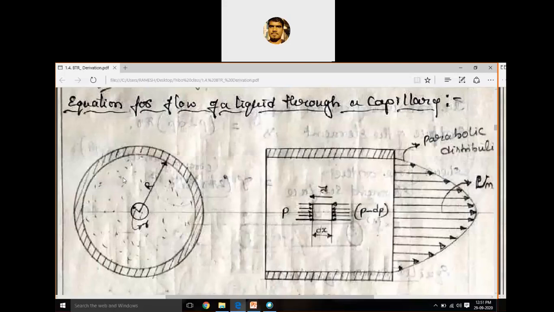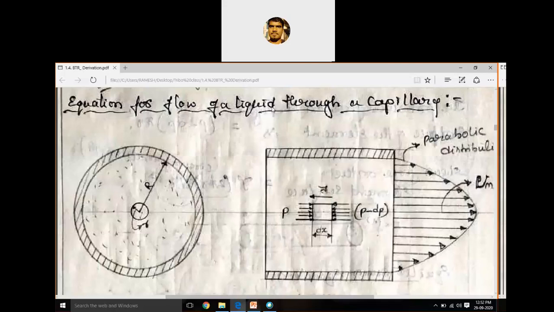The diameter of the capillary is so small that the change in pressure across the capillary can be neglected.